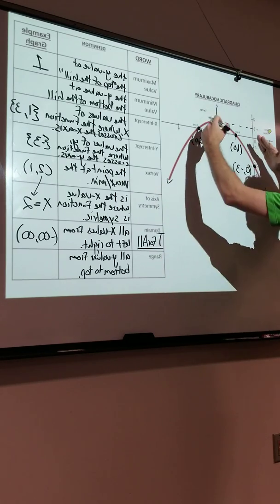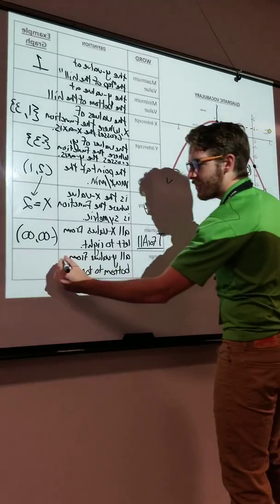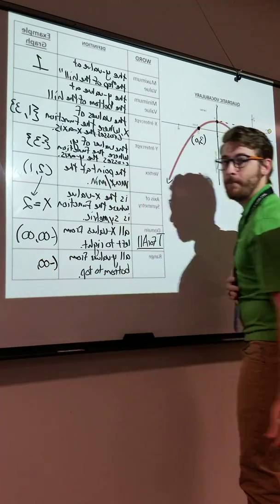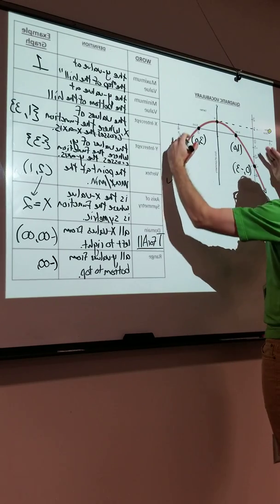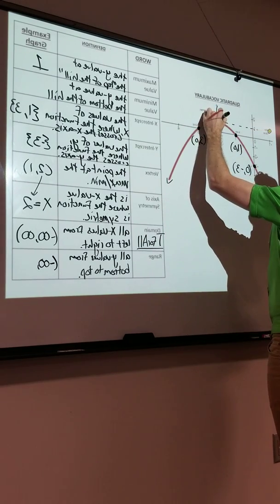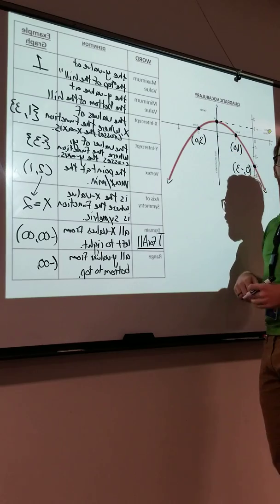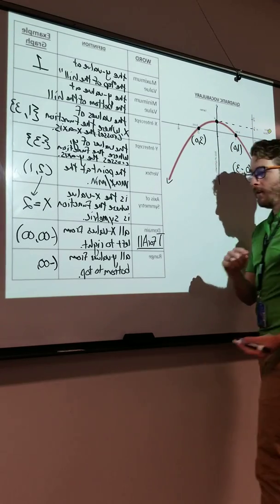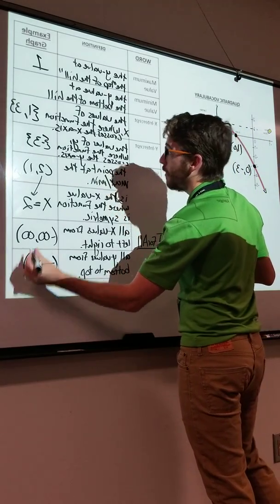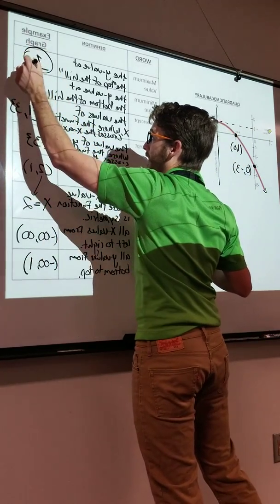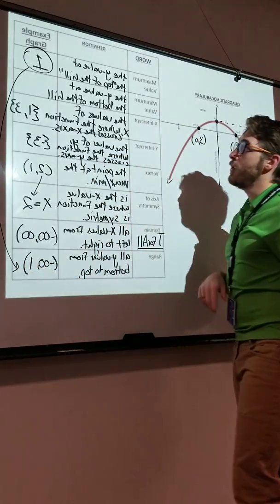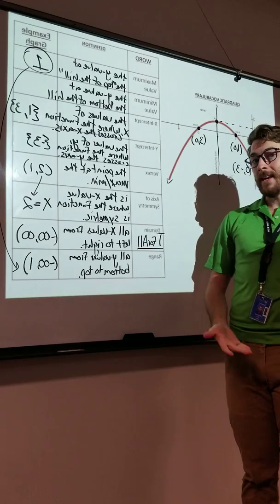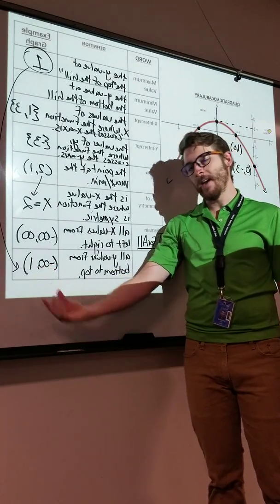And since it continues forever downward, we know that it starts at the bottom, which is negative infinity. Then it reaches a point where it has a maximum value, which is right here at 1. And so I can use my max to help me find that value, or my min to help me find the value. Okay?